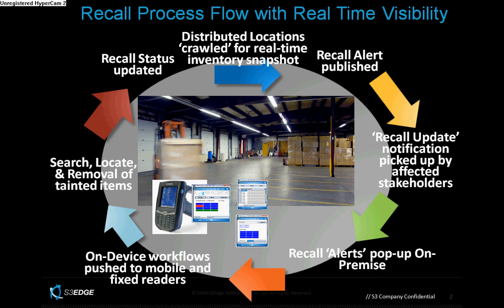How do I locate, identify, and remove these tainted assets in real time from all of these warehouses that contain them? And third, and most importantly, how do I track in real time the execution status of a recall operation? All of this aimed at putting in place a proactive recall system that prevents a tainted product from reaching an end user's hands.